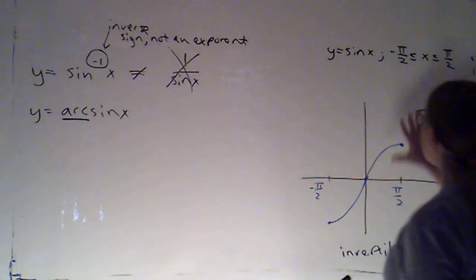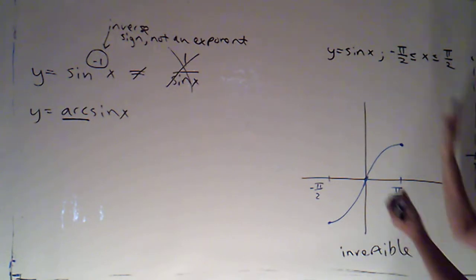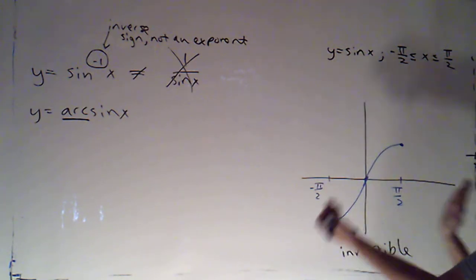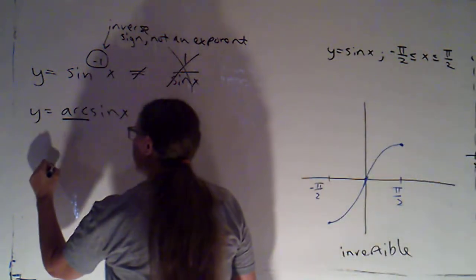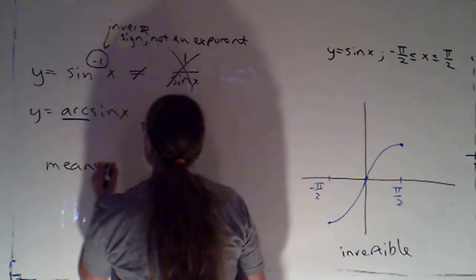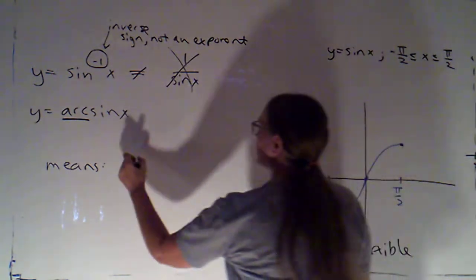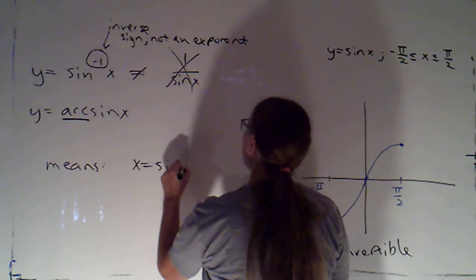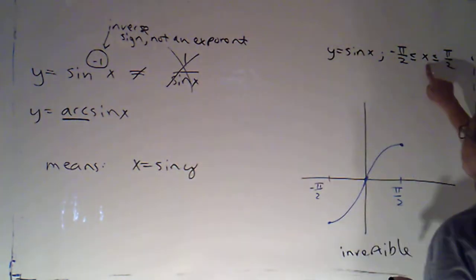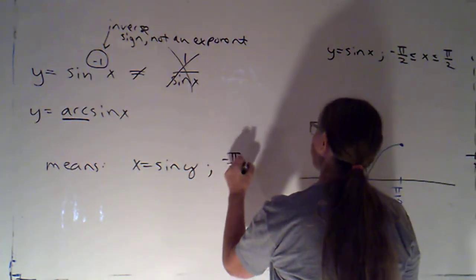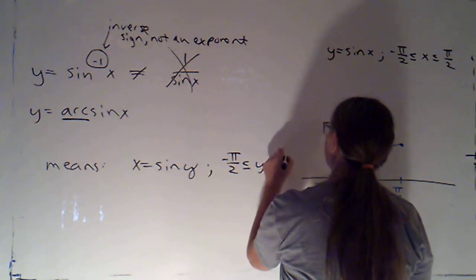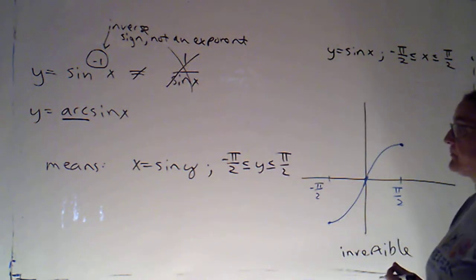Because remember, when I'm working with inverse functions, what we're doing is we're switching the roles of x and y. So whichever notation I use, it means switch the roles of x and y, x equals sine y, and then these restrictions become restrictions on y. Okay.